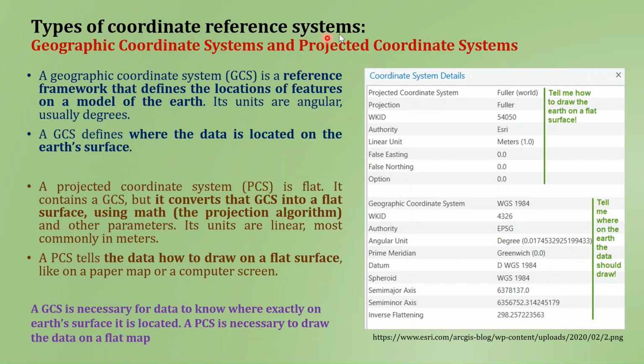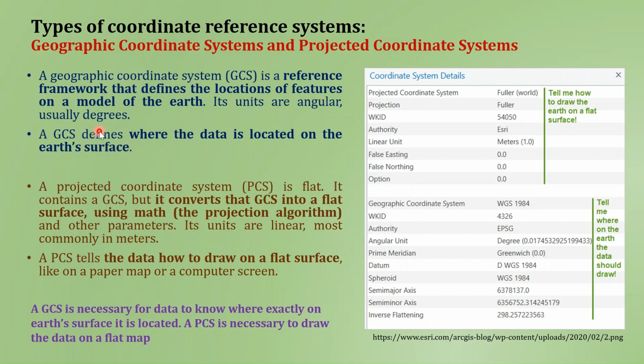This coordinate reference system is of two types: geographic coordinate system and the projected coordinate system. And this geographic coordinate system is also referred to as GCS, and it is a reference framework which defines the location of features on a model of the earth, and the units are generally angular, usually degrees.